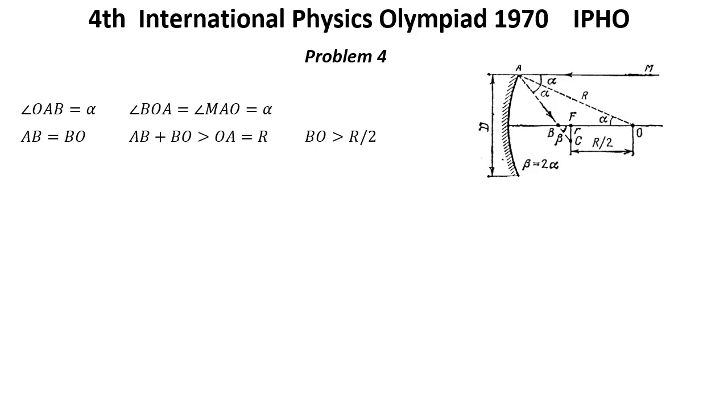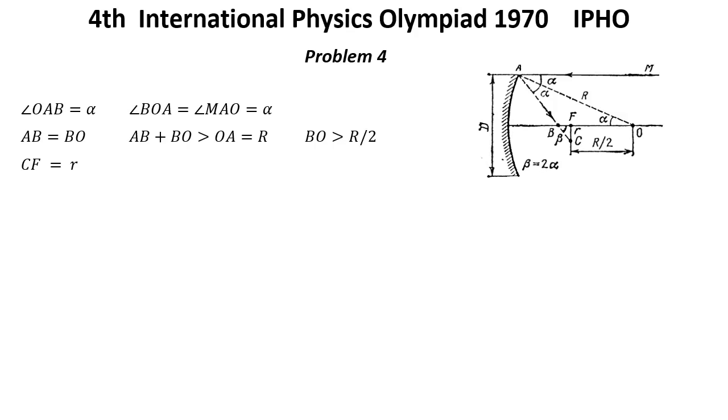This means that a ray parallel to the main optical axis of the spherical mirror and passing not too close to it, after having been reflected, crosses the main optical axis at the point B, lying between the focus F and the mirror. The focal surface is crossed by this ray at the point C, which is at a distance CF equal to r from the main focus.